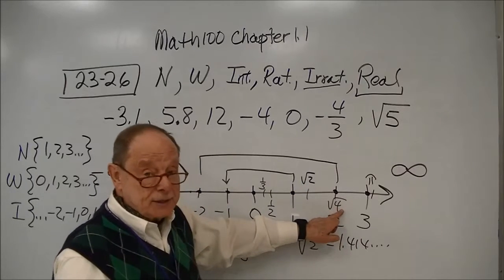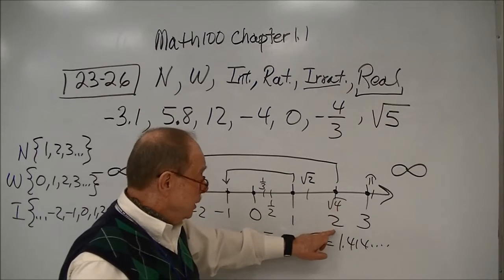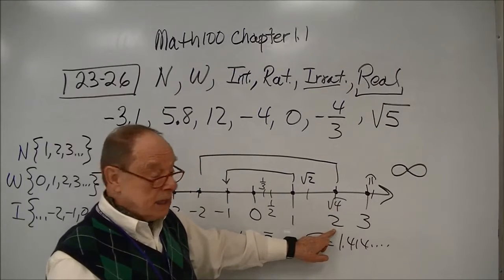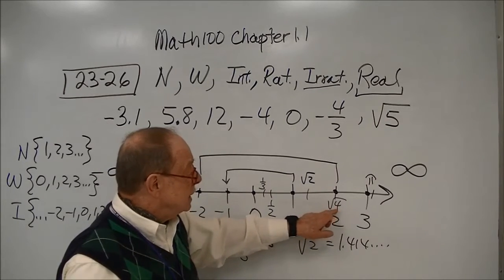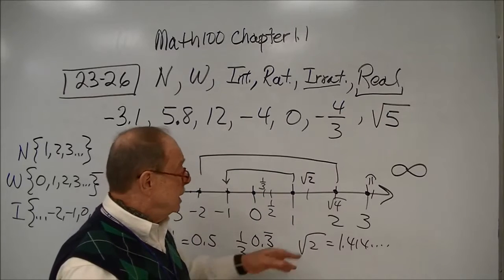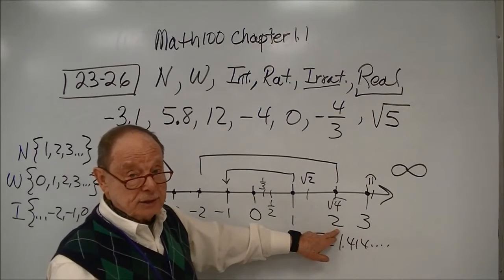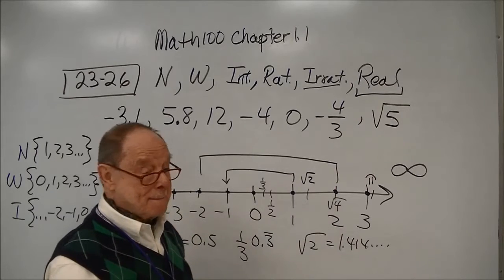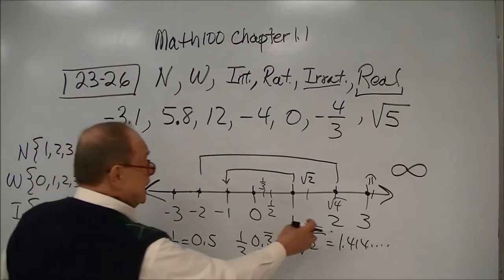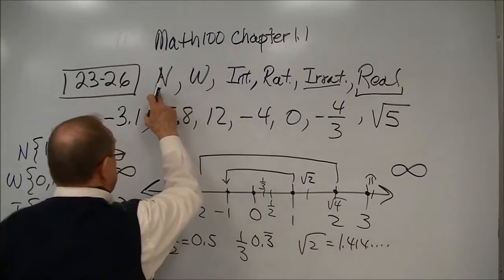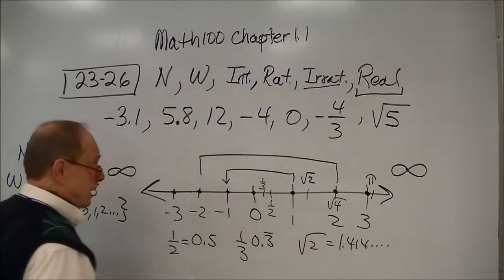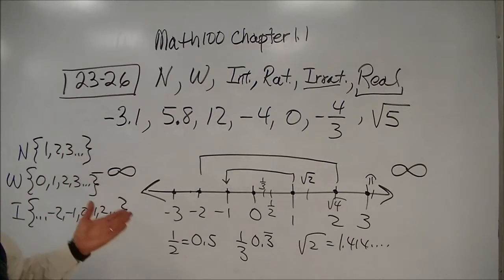But when you take the square root of 4, you get 2. Any number under the radical sign that's a perfect square would be rational. Okay? And in this case, it's also a natural number, a whole number. So you'll be challenged to work with some of these as you go on.